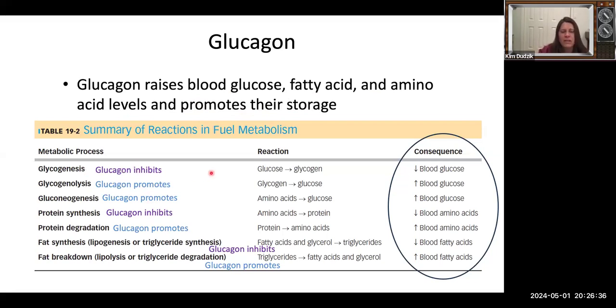So glycogenesis, which was converting glucose to glycogen, the presence of glucagon then inhibits this process, right? So if it's inhibiting the lowering of blood glucose, that's going to reverse this arrow. It's going to raise it, right?